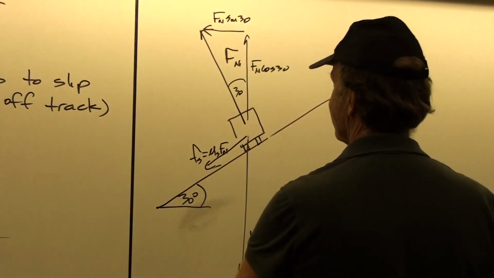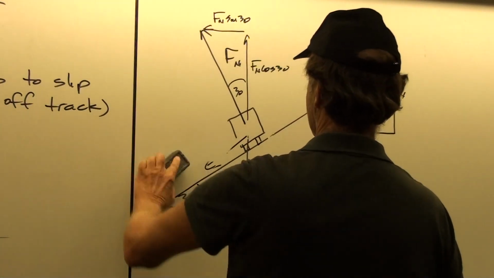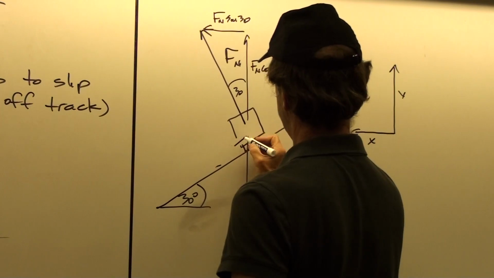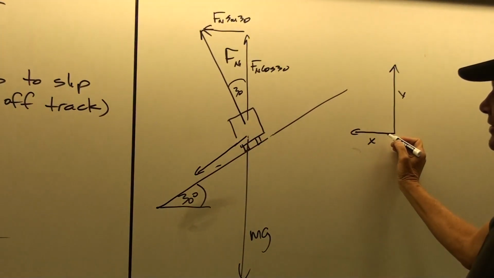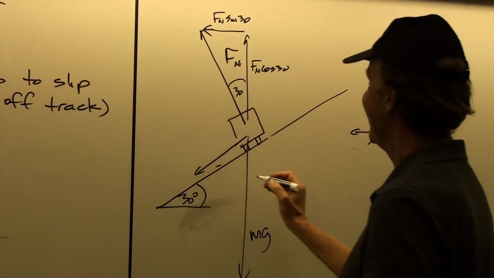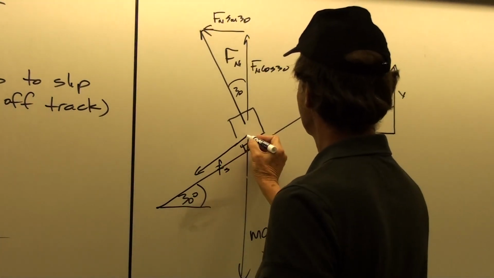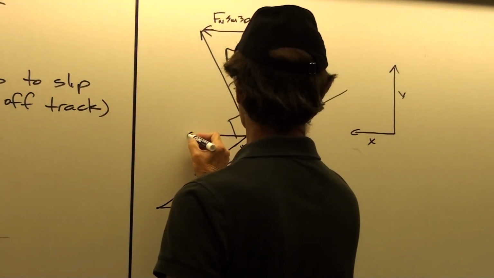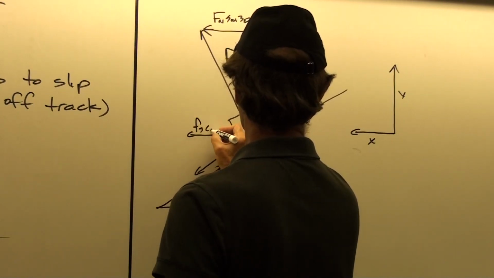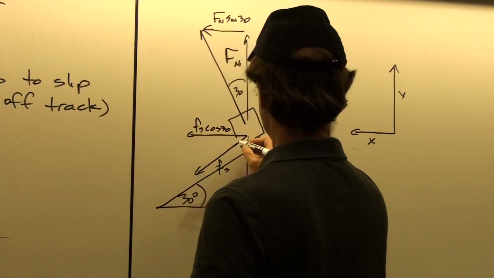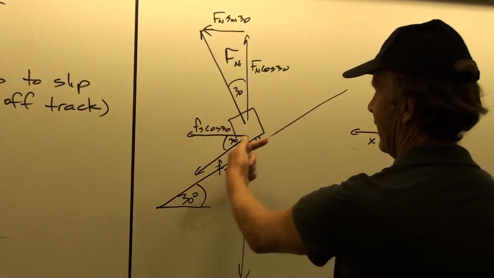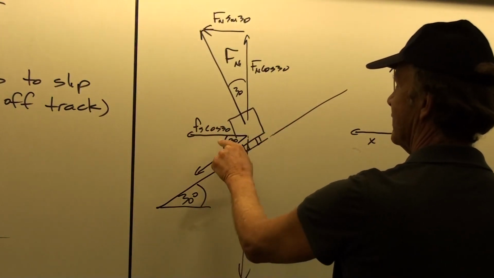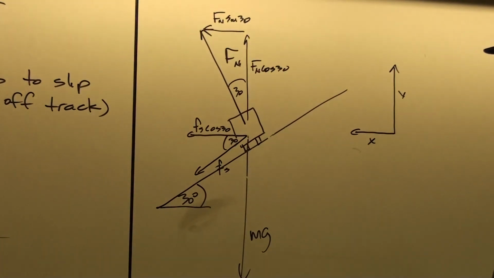But now the static friction force, too, has to be broken up into x and y components, because that's also not aligned with our coordinate system either. Okay? So this is F static. So this is F static cosine 30, because this angle is also 30. These two lines are parallel and they're cut, so we have opposite interior angles are equal.